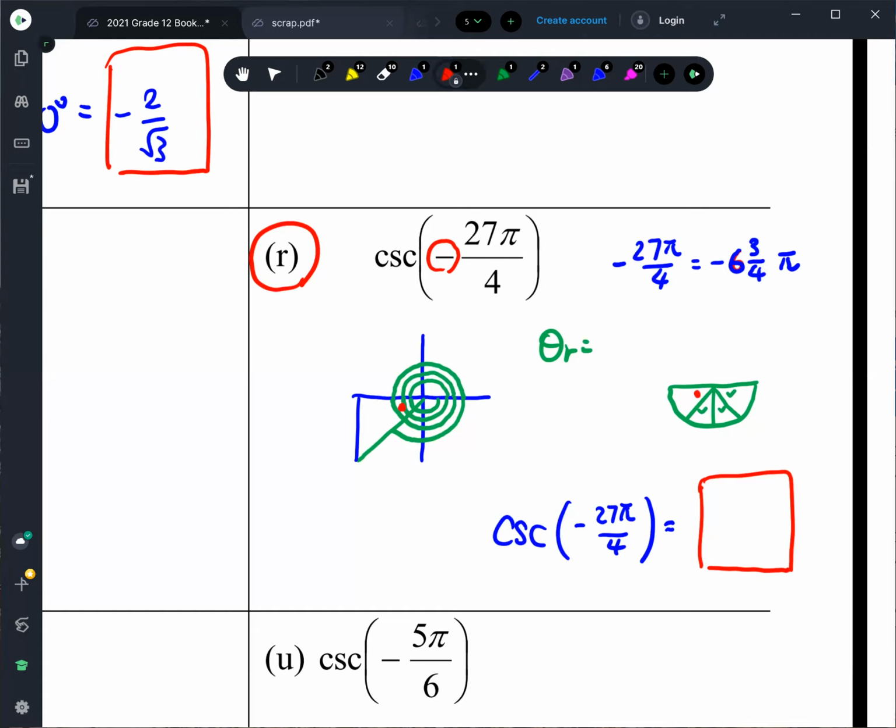So how big is the reference angle? Chris, how big is the reference? 45 degrees. What's that in radians? We have to do everything in radians. Pi over 4. Yes, yeah. Okay, so you have one slice of pi over 4 left in that pizza.